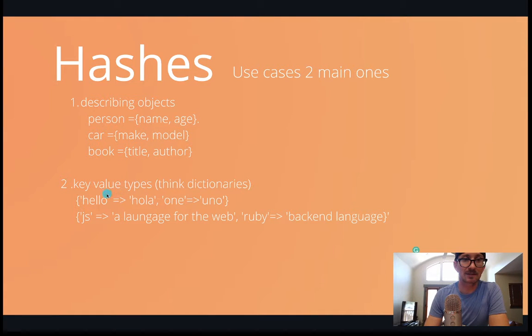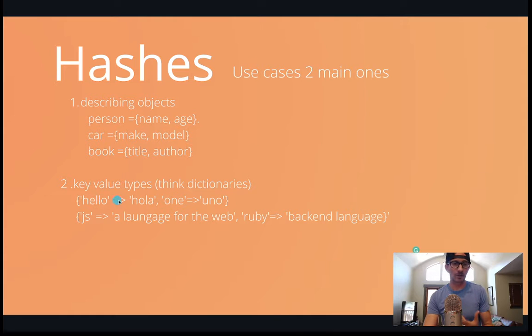Another one is just key value types. Think about a dictionary where you have the key, which is the word, and then you have the value, which is the definition. So any kind of data structure or real world object like that. You could think about maybe a translation app where you might have a word in English as the key, and then the value would be the word translated to Spanish.